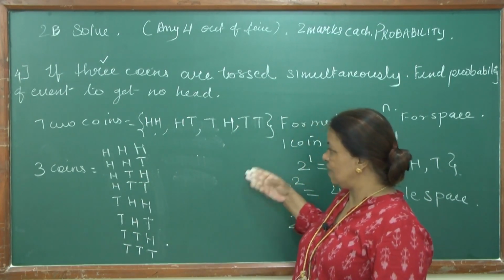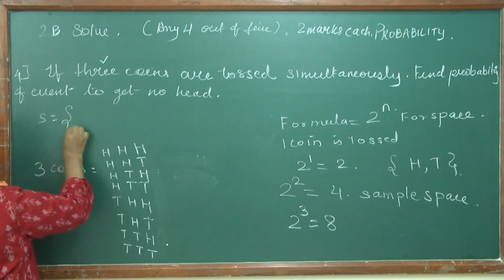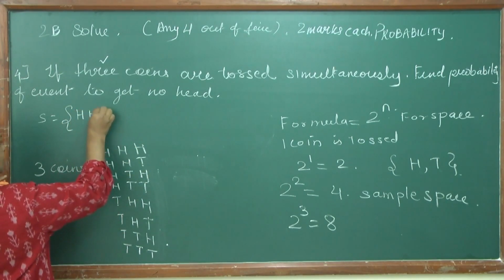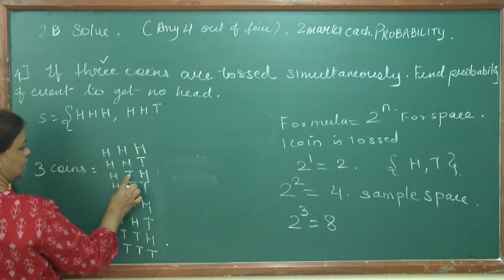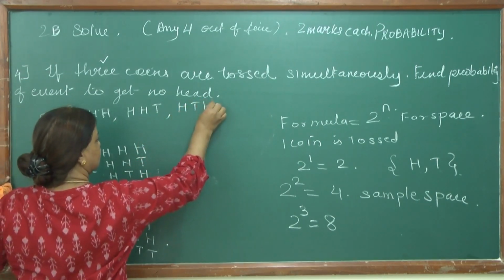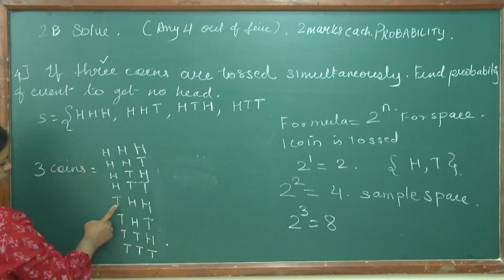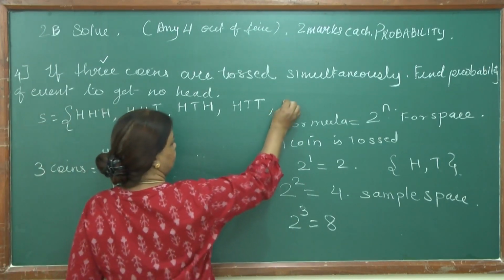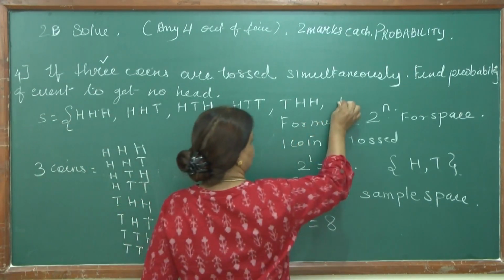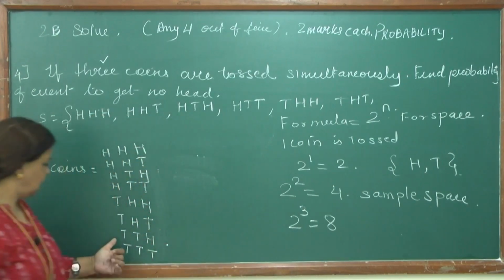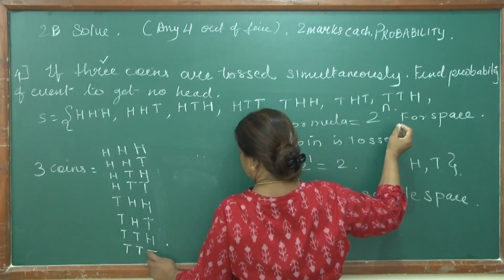So now you can write the sample space. Let me rub. So for 3 coins, the sample space would be HHH, HHT, HTH, HTT, THH, THT, then TTH, and TTT.